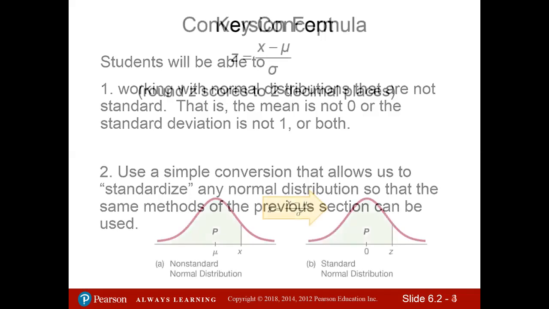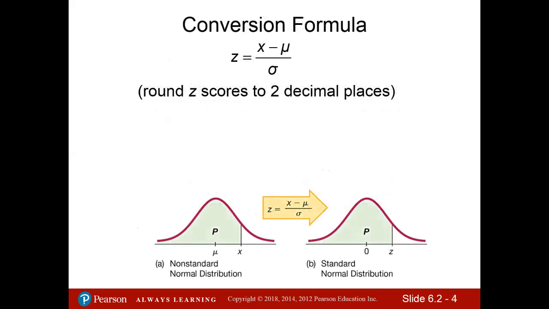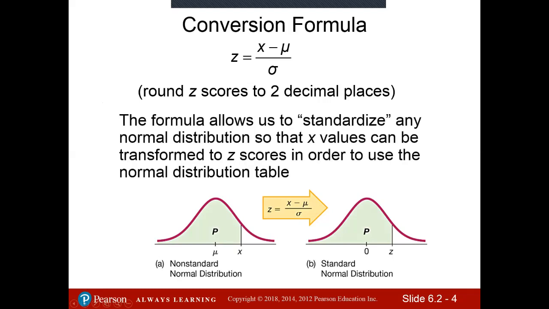So now, this is the formula from the second objective: converting x to a z-score is given by z equals x minus the population mean divided by the population standard deviation. As you can see in these two diagrams, we are standardizing x by using the formula that converts it into a z-score.